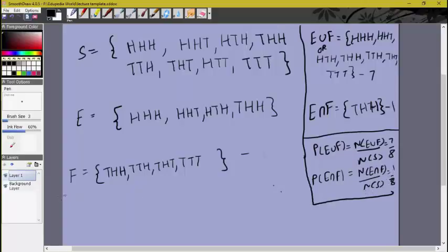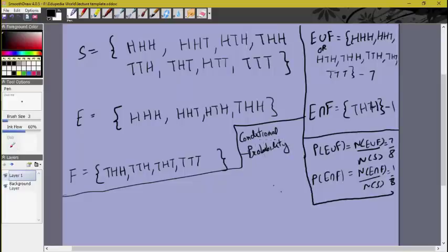Right. Now we can look at something which is called the conditional probability. In this case the condition would be F. We can choose either one of them. So it would be written as E, and then you have a bar and then F. So this is a new thing. It's not a union, it's not an intersection, it's something new.